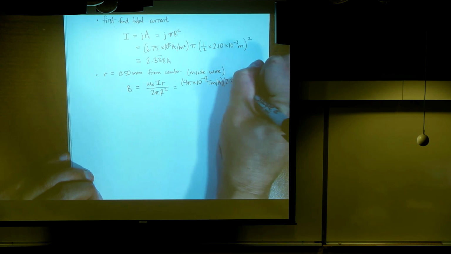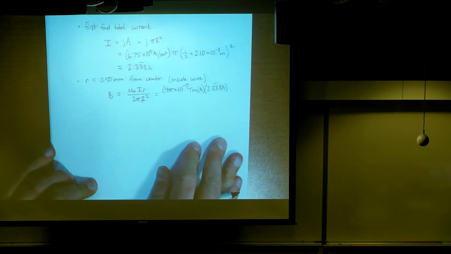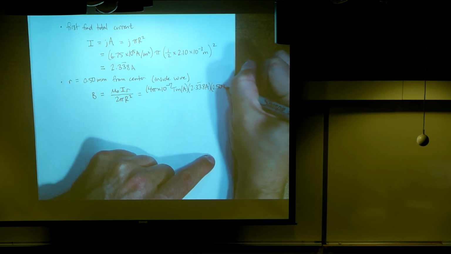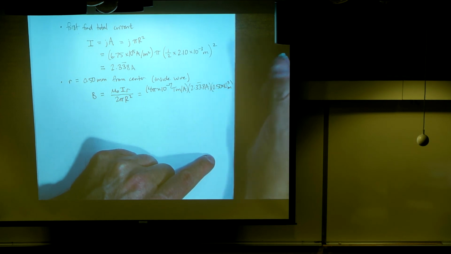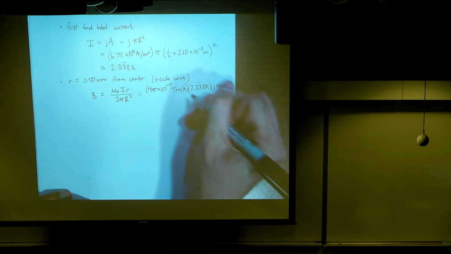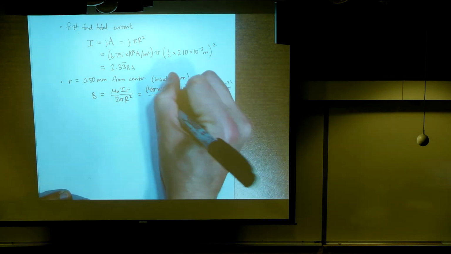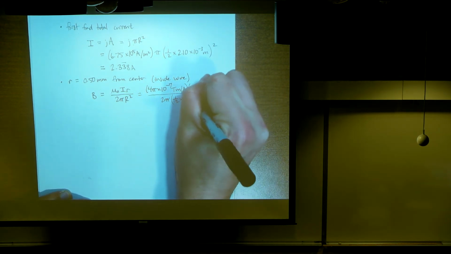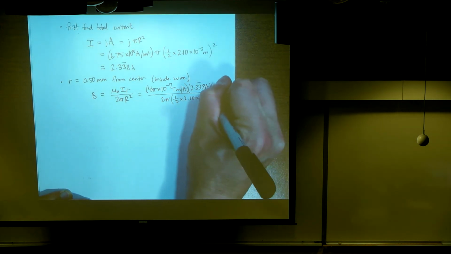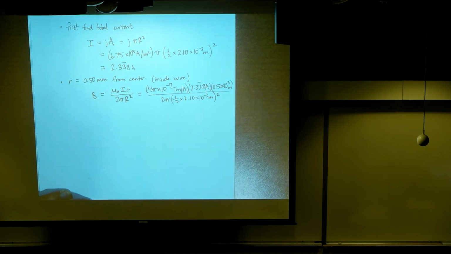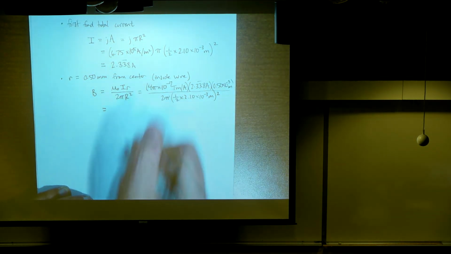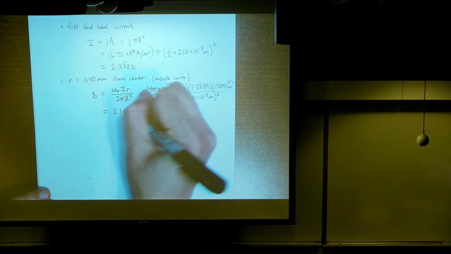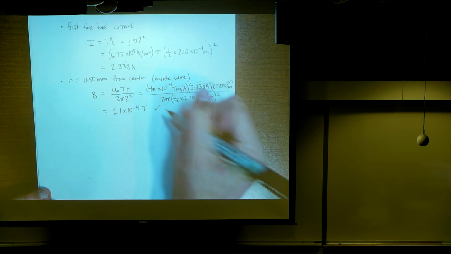I is 2.338 amperes. And our radius is 0.5 times 10 to the minus 3 meters. That's how far from the center we are. Divide that by 2 pi times the radius of our wire squared, which is 1/2 times 2.1 times 10 to the minus 3 meters, squared. So what are we getting for the B field? This is like 2.1 times 10 to the minus 4 Tesla.